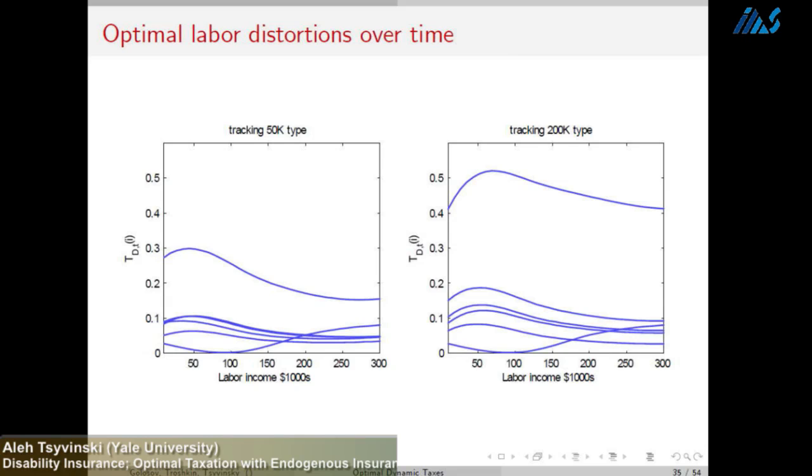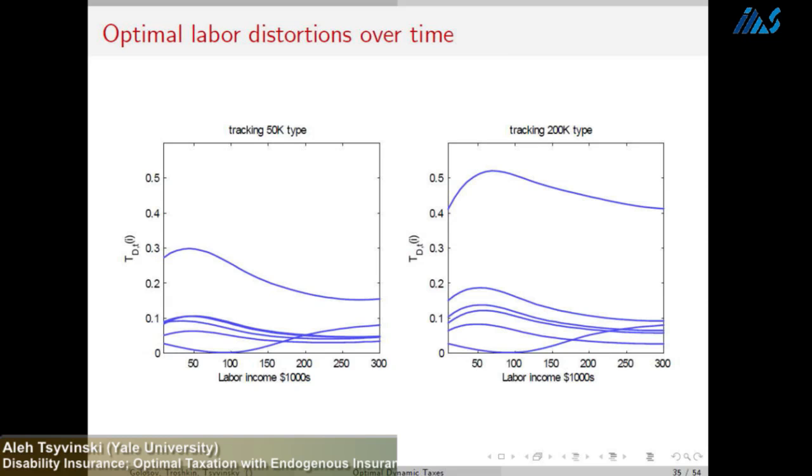We can look at the 64-year-old who makes 50K, and he's going to face a significantly lower tax. It's not quite regressive.